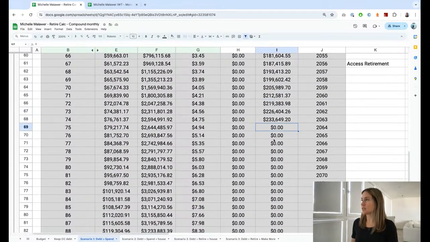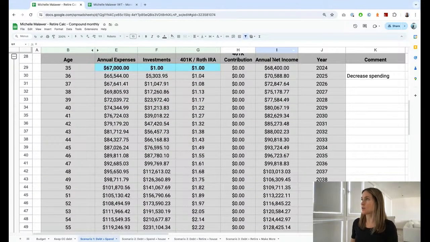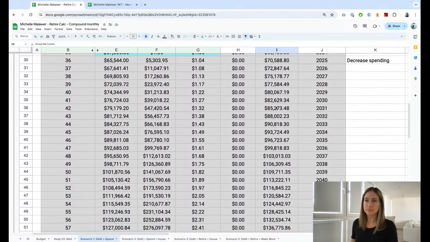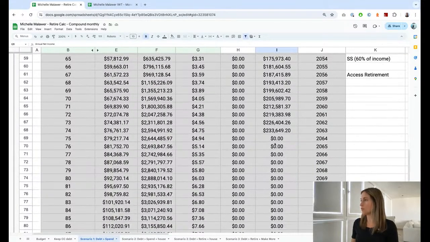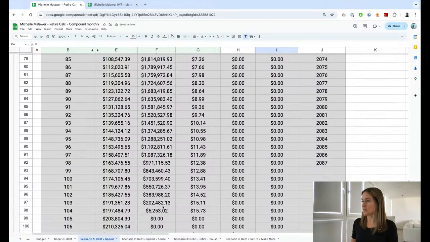The way that I would adjust that is this column in I is the annual net income column. So I would move the 0 up higher and see how that impacts their savings.